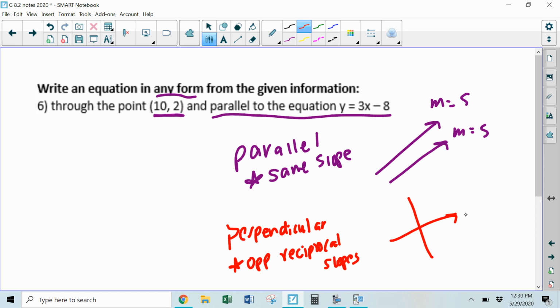So if this one has a slope of 3/2, this one will have a slope of -2/3. Opposite meaning one's positive, one's negative. Reciprocal means flip the fraction. Okay, make sure you know that. If they're parallel, same slope. If they're perpendicular, opposite reciprocal slopes.